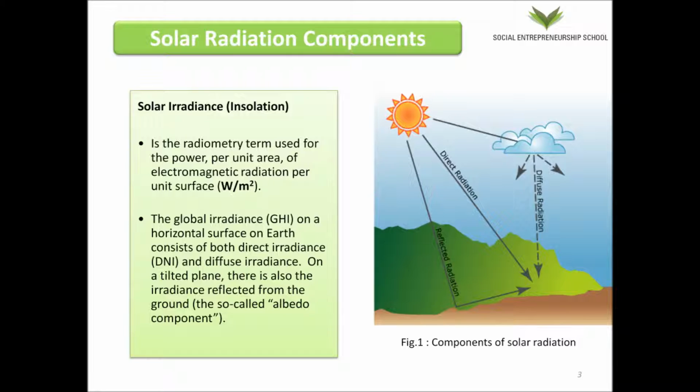The solar energy hitting on solar panel surfaces to produce electricity consists of various components. The overall solar energy collected by a solar module is called the global irradiance.